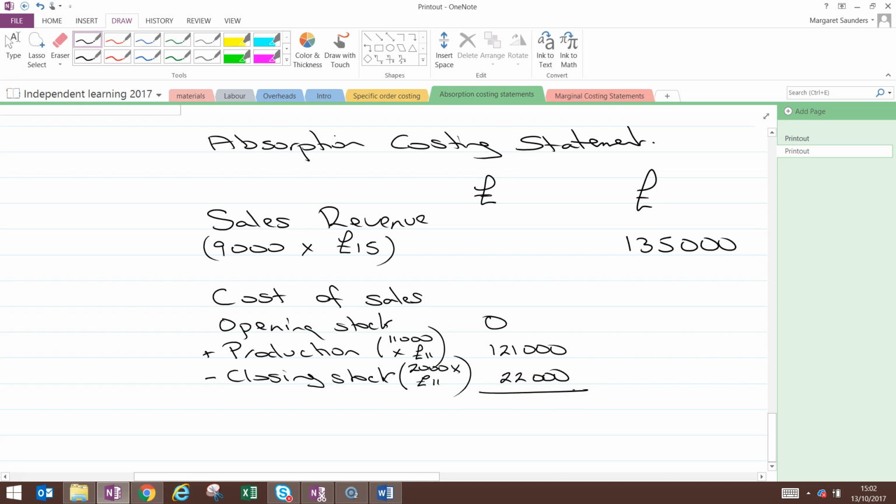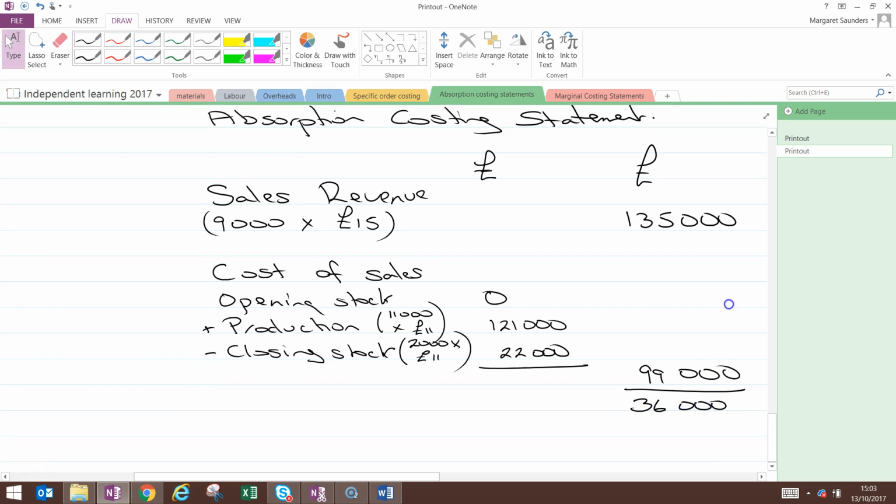Cost of sales calculation: opening stock, add on the production, take away the closing stock, and we are left with £99,000. So deduct that from our sales figure, and that leaves us with £36,000. But again, that is not our final profit.